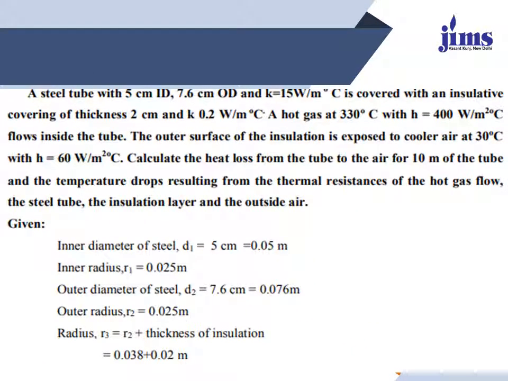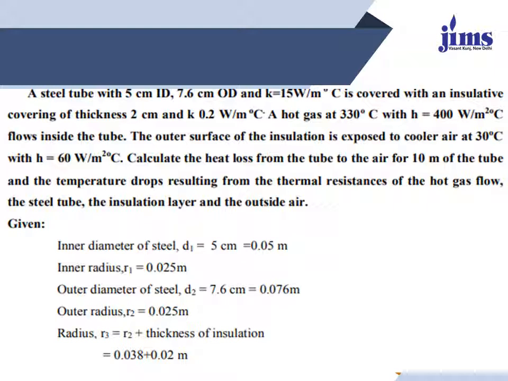Related to the steel tubes, the question is a steel tube with 5 cm inner diameter, 7.6 cm outer diameter, and thermal conductivity K 15 watt per meter degree centigrade is covered with an insulation covering of 2 cm and conductivity 0.2 watt per meter degree centigrade. Hot gases at 330 degree centigrade with overall heat transfer coefficient 440 watt per meter square degree centigrade flowing inside the tube.